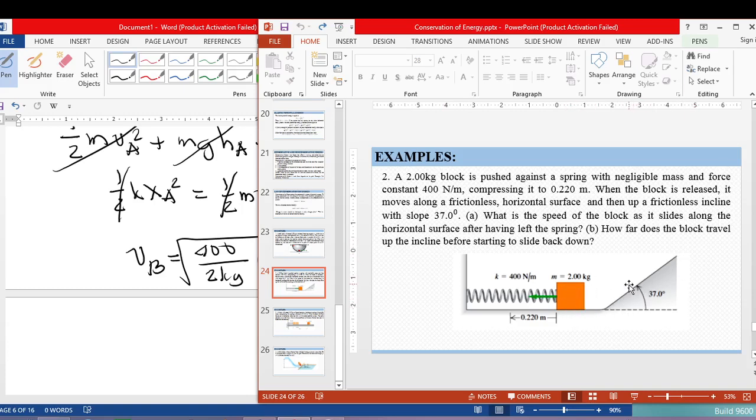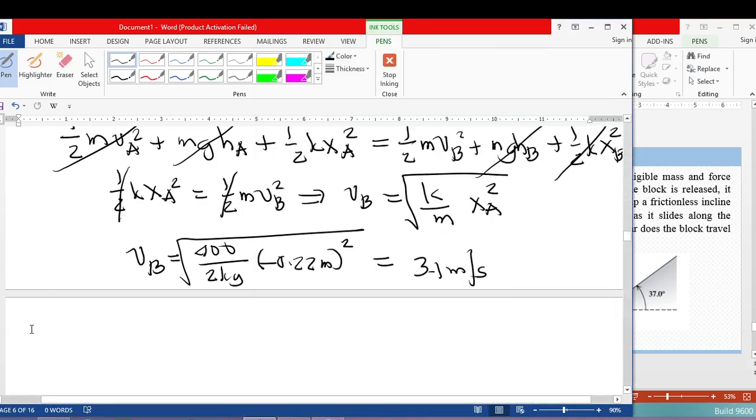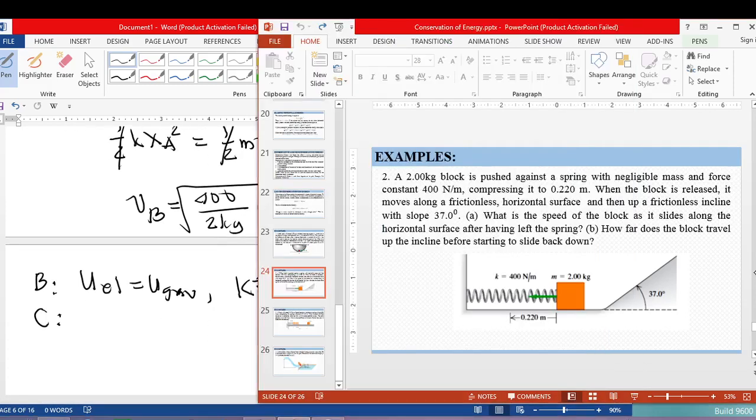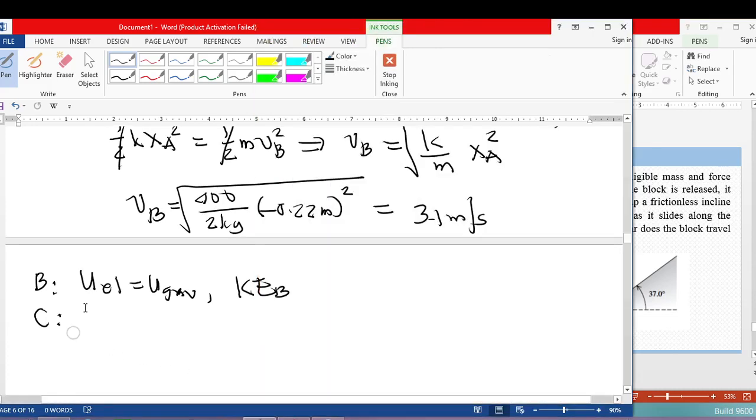Okay, so eventually mo stop siya at point C. So we have to evaluate kung unsay naa sa point C nga energy and at point B. So at point B we know wala gyud siya elastic or gravitational, pero naa siya kinetic energy. But at point C, how far, meaning at some point mo stop siya, wala siya kinetic energy, to find the maximum distance na na-travel.